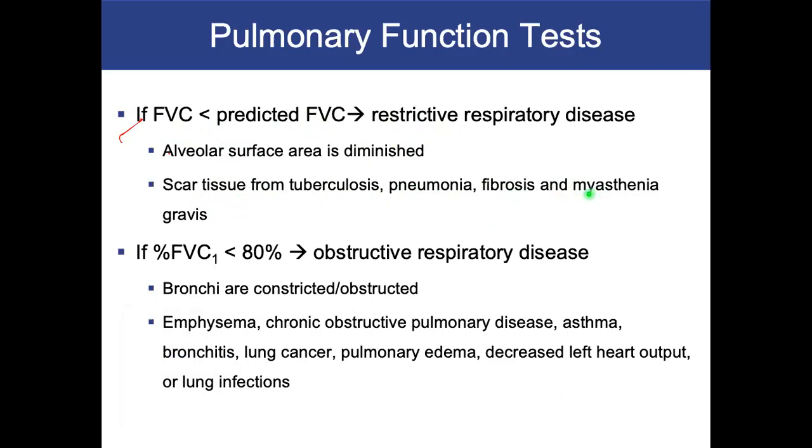I want you to think, why does myasthenia gravis fall under this category? So what is myasthenia gravis? Your body forms antibodies against your nicotinic cholinergic receptors, right? And that is going to affect nerve-to-nerve communication and nerve-to-skeletal muscle communication.